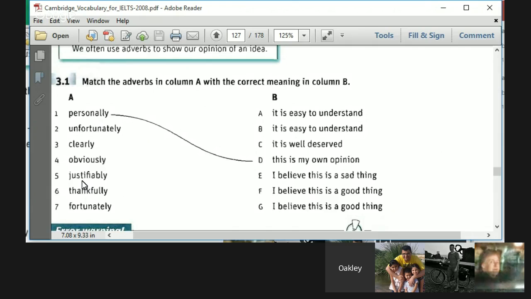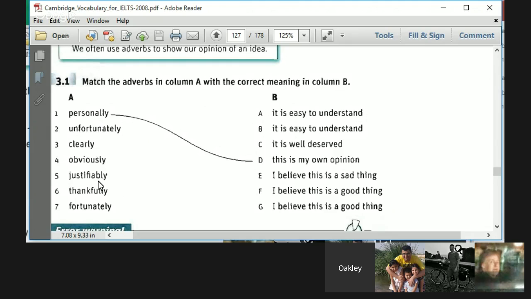Can? Justifiably, I believe this is a good thing. Not really. It is well deserved. Yeah, right. So okay, here I could not really say justifiably Donald Trump is crazy. Actually, I could say that.